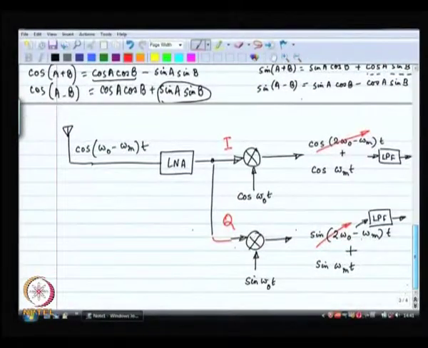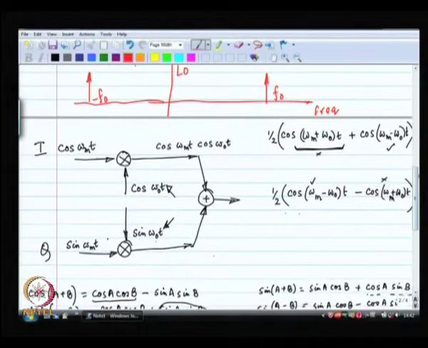The problem, of course, is that this cosine and sine generation is never perfect. You have to be perfect. They have to be exactly 90 degrees away from each other, cosine and sine. If they are not, then you are going to get an image.